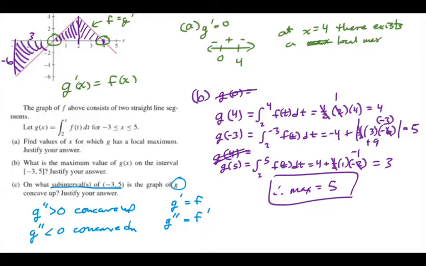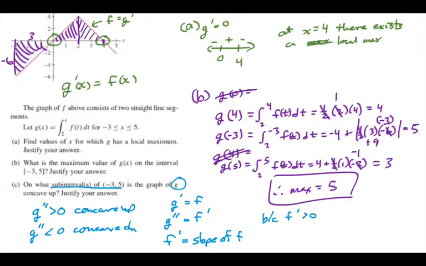We're saying that G double prime equals F prime, and F prime is the slope of F. So we just have to look at F right here. It's going up right here, and then it's going down right here. We just have to look at F prime to find out where G double prime is greater than or less than 0.